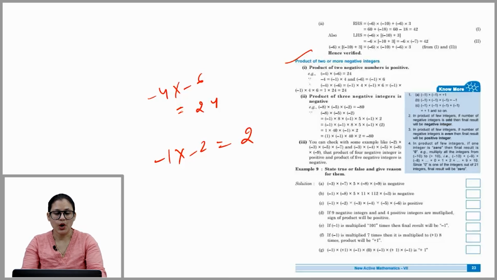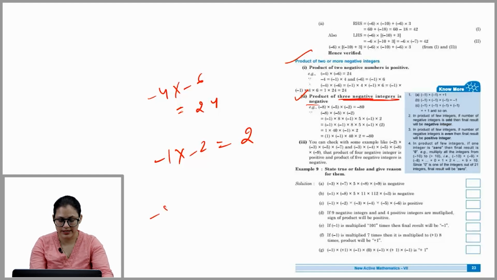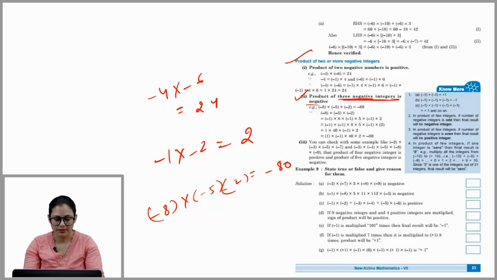Number 2, product of 3 negative integers is negative. This you have to remember. For example, -8 into -5 into -2 is equal to -80, because here we have 3 negative signs, so the product will be negative.